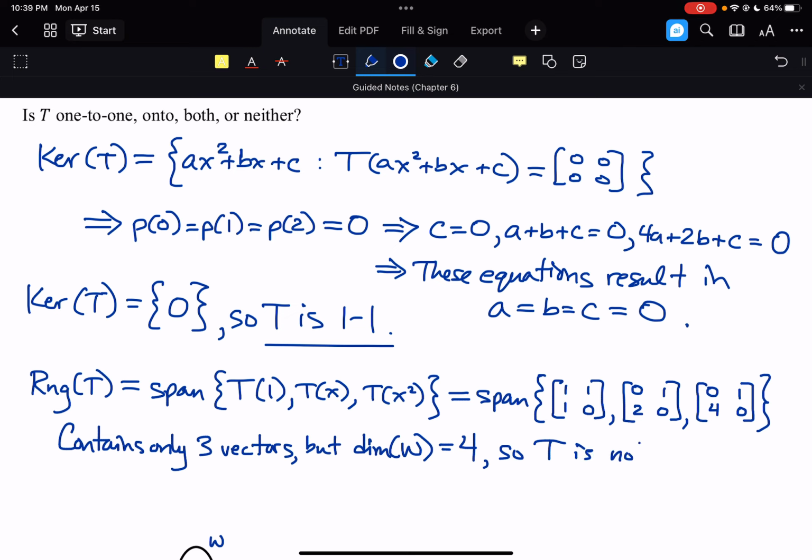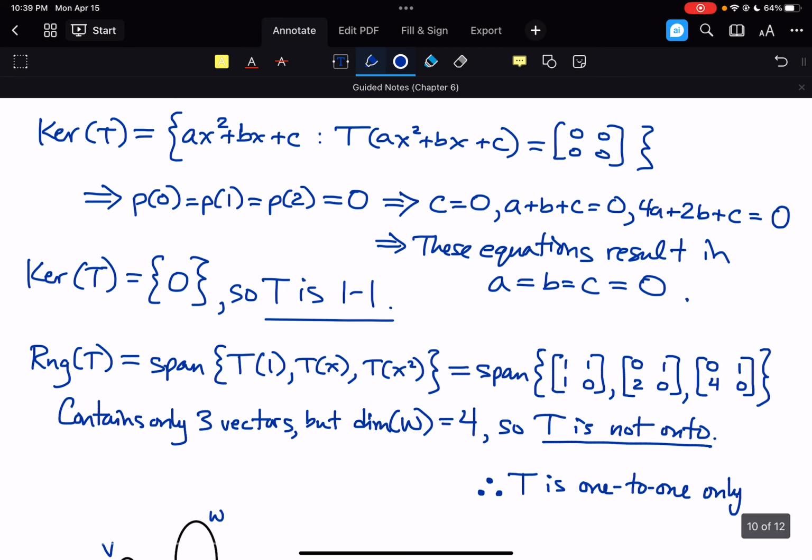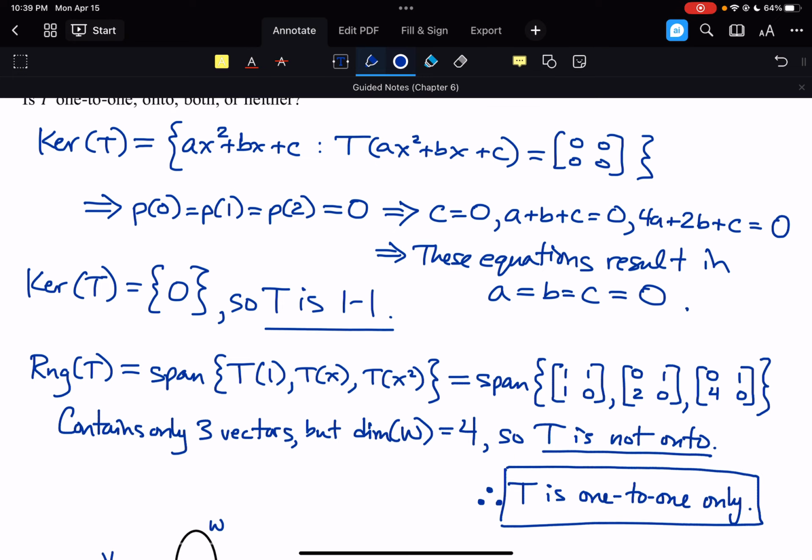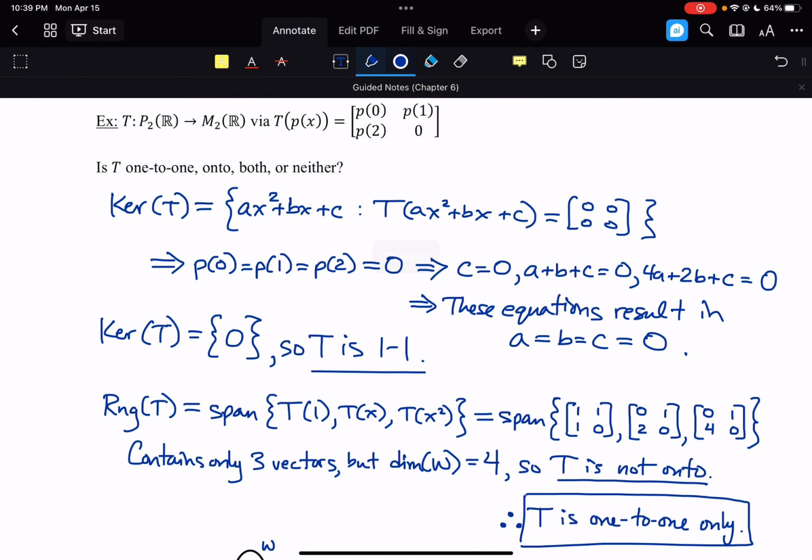So T is not onto. It asks, is it 1-to-1, onto, both, or neither? We can say, therefore, T is 1-to-1 only. All right, so we see that this one is 1-to-1, but not onto.